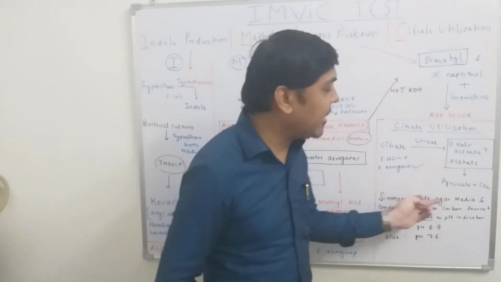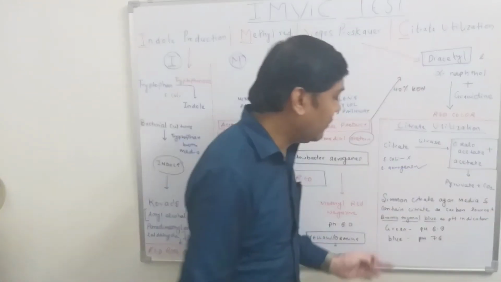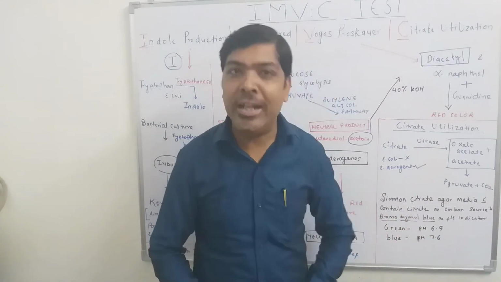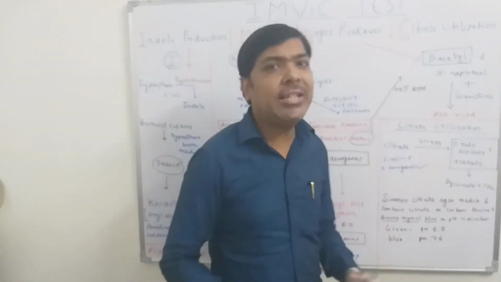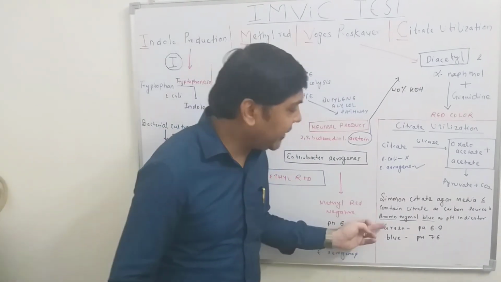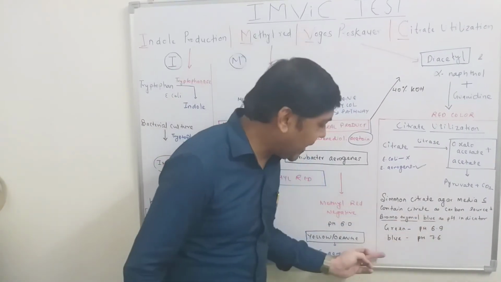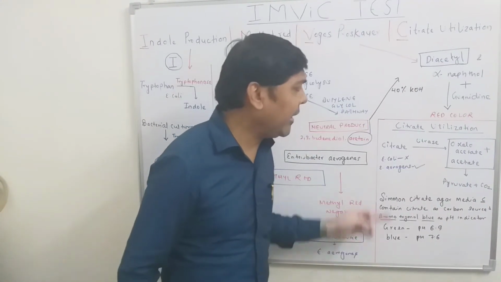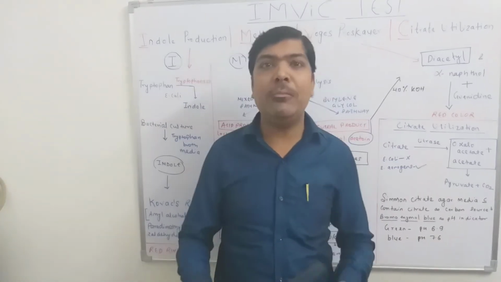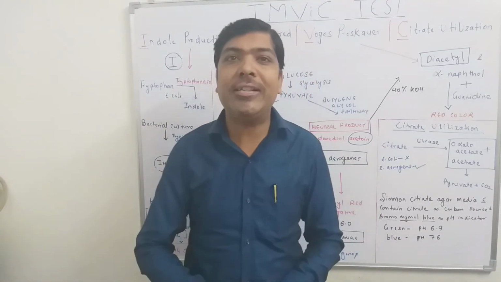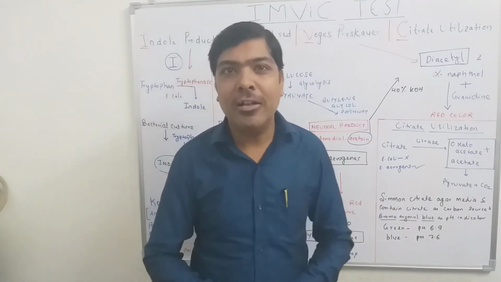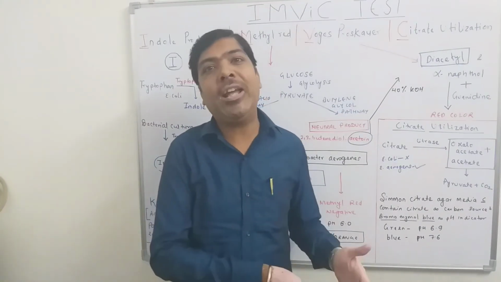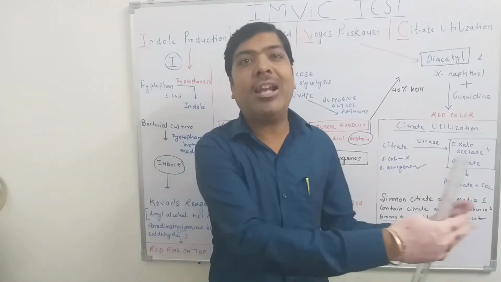Along with the Simmons citrate agar, we have also added a small quantity of bromothymol blue as an indicator in the same medium. Bromothymol blue has a special property: it is green at a pH of 6.9, whereas it is blue at a pH of 7.6. What happens if the citrate is utilized in the medium? Because of the utilization of citrate, alkaline end products are generated, and the pH of the medium starts shifting towards the alkaline side.